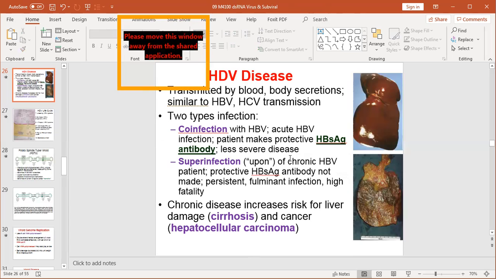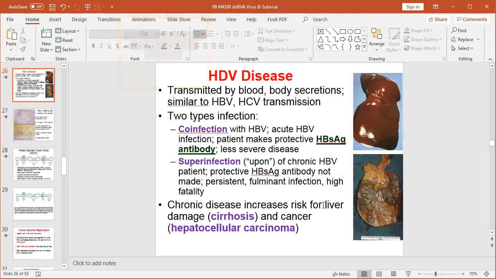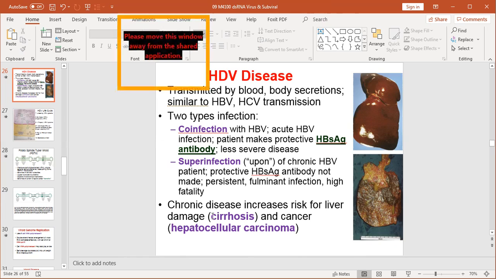Because this superinfection is a chronic type of HBV infection that has happened over an extended period of time, it increases the risk of severe liver damage, a condition called cirrhosis, and also makes the patients a lot more susceptible to liver cancer or hepatocellular carcinoma.